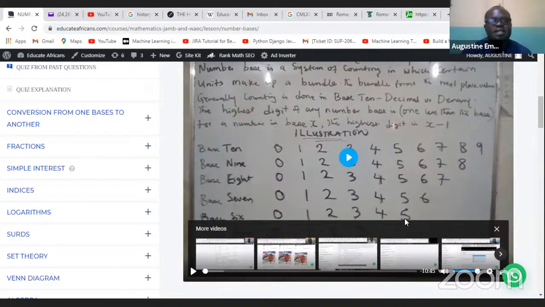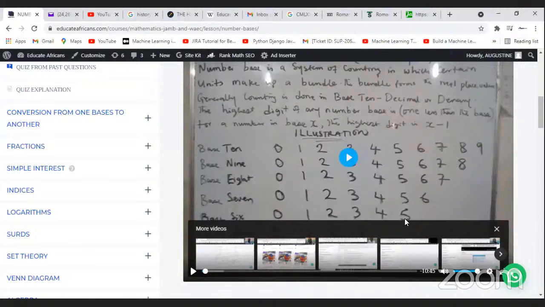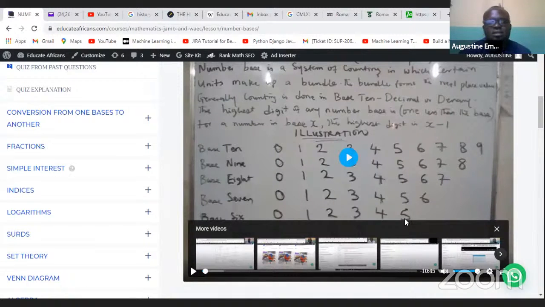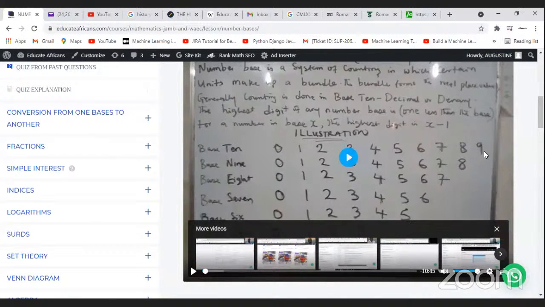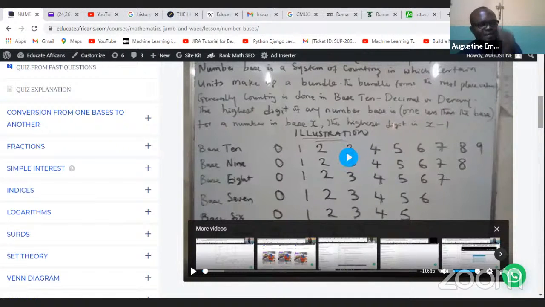Tell me the numbers that are in base 7. 0, 1, 2, 3, 4, 5, and 6. Perfect. So for base 6, 6 is not supposed to be in the combination of numbers you can have when counting. It starts from 0, but it ends at 5. So take note.